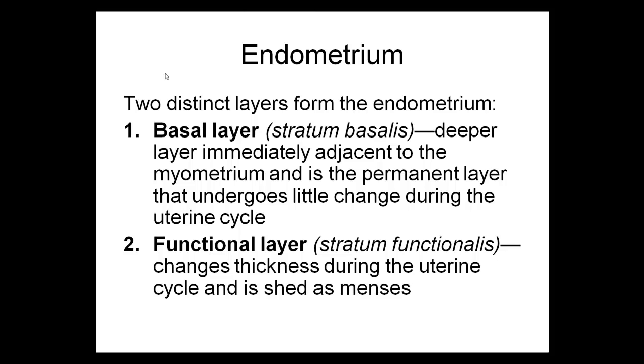And that's also the area that can be removed either naturally by menstruation or by curettage, when the GYN would go in with a curette to remove the endometrium if it fails to shed on its own. So that's a minor surgery that can be done in the outpatient clinic.